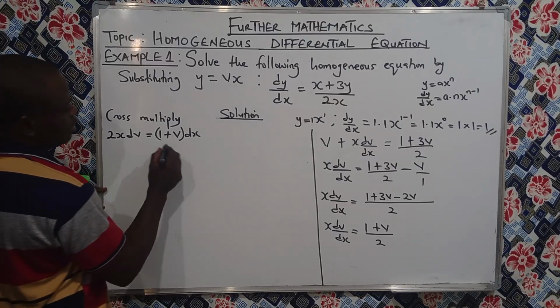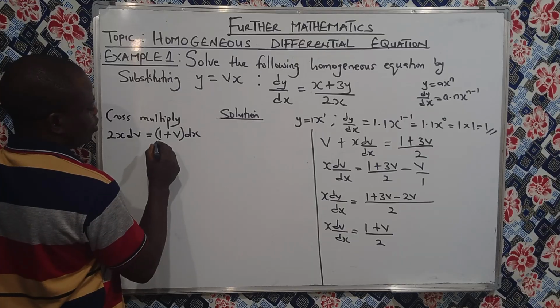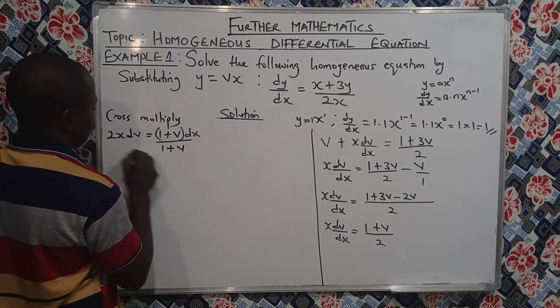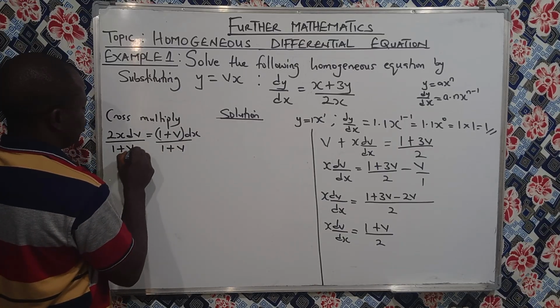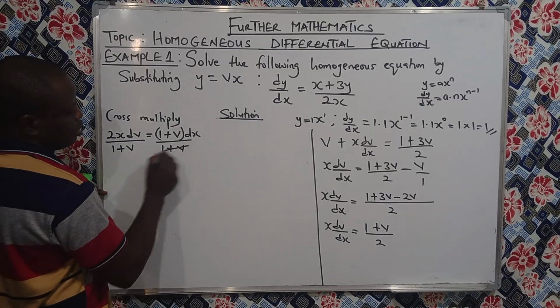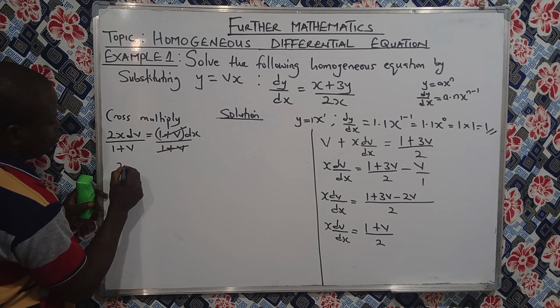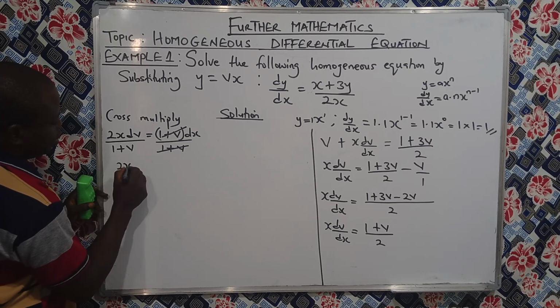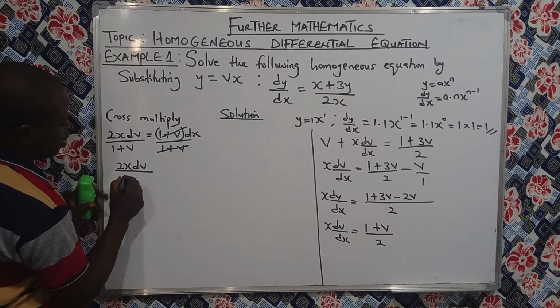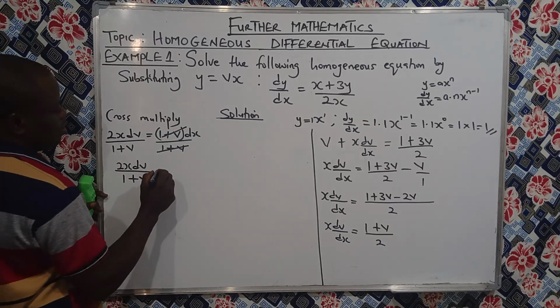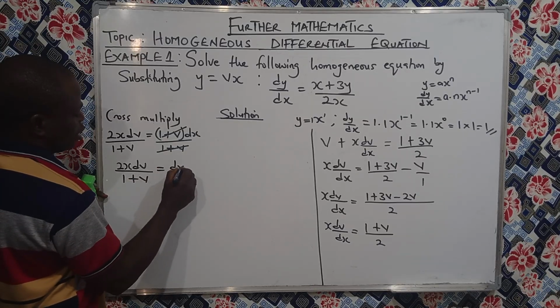What I will do now is divide both sides by 1 plus v. 2 is a constant, it cancels out. Now I have 2x dv over 1 plus v equals dx.